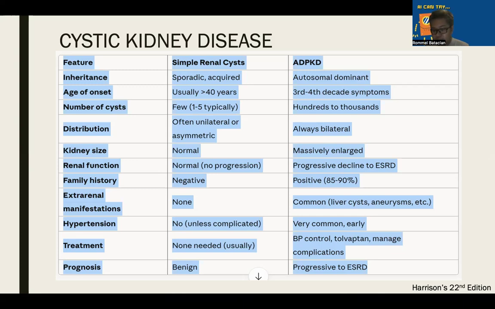Hematuria, urinary tract infection, elevated blood pressure in more than half of the patients, mild proteinuria, and it could lead to also chronic kidney disease, cardiovascular disease, intracranial aneurysms, and they sometimes also would have multiple hepatic cysts as well. So polycystic liver disease.